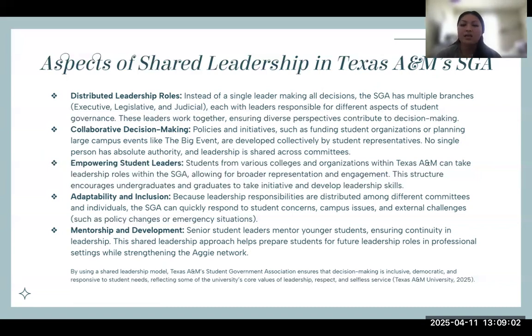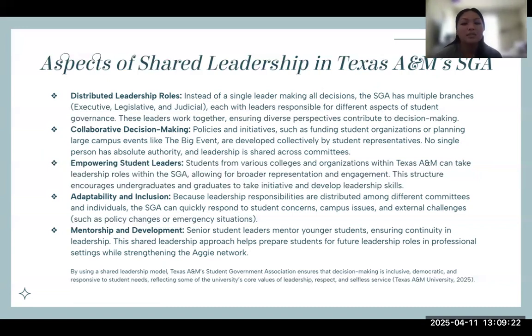Secondly, there's collaborative decision making and empowering student leaders. For collaborative decision making, policies and initiatives such as funding student organizations or planning large campus events like the Big Event are developed collectively by student representatives.